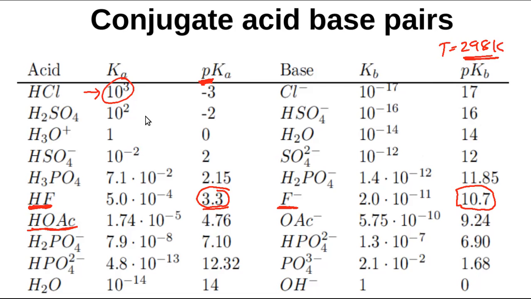If we take the strong acids, they have very large Ka values. Now let's see, sorry. The strong acids have conjugate bases that are very weak.